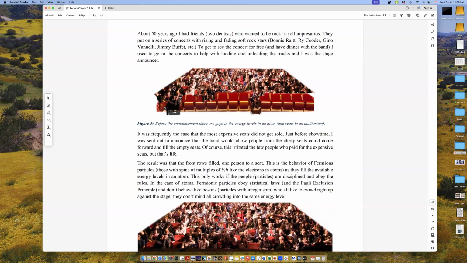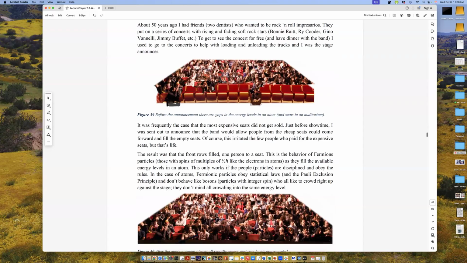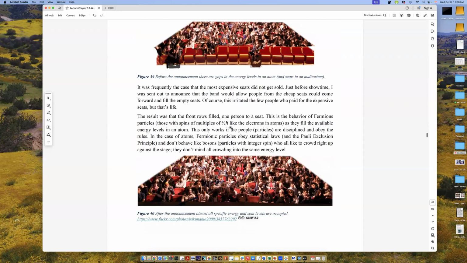This is kind of like the lowest energy level in an atom. If there are empty spaces, the electrons will move down here and emit light when they do it, leaving empty spaces up here for other electrons to join. So eventually, after we invited people to fill the front row seats, we had something like this going on.